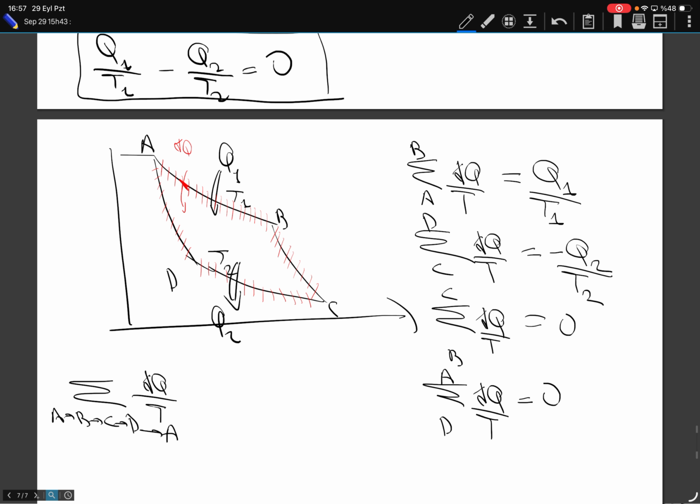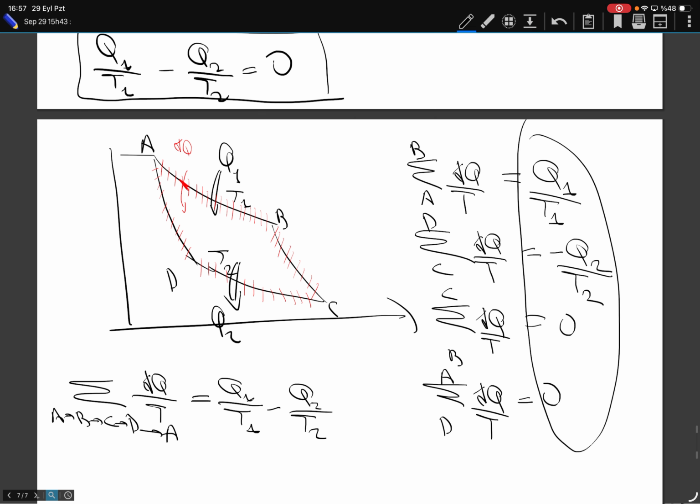But this will be nothing but Q1 over T1 minus Q2 over T2. Just sum all these four numbers. But remember this relationship. That difference is 0.